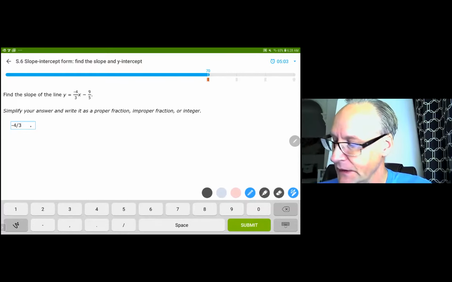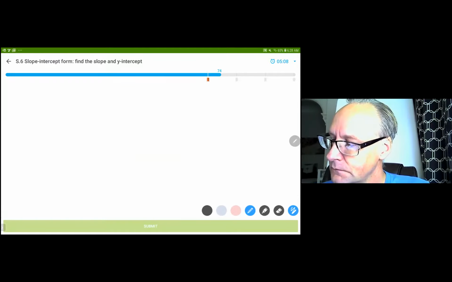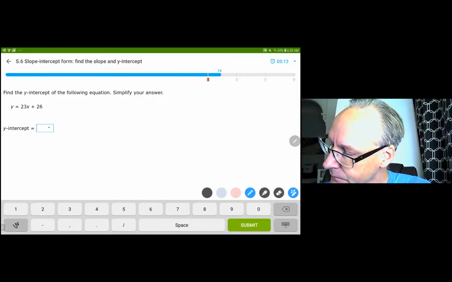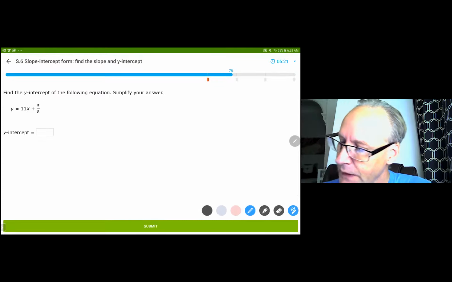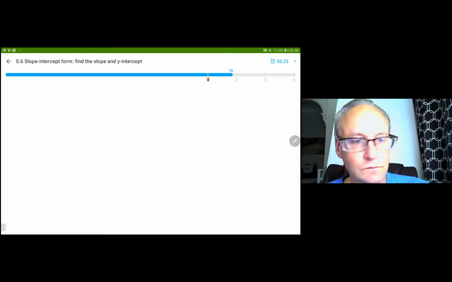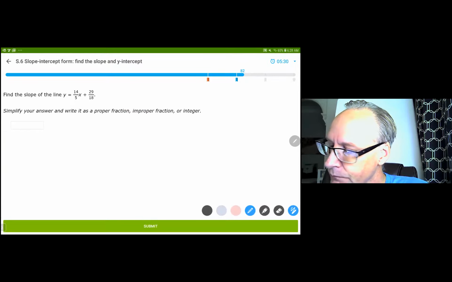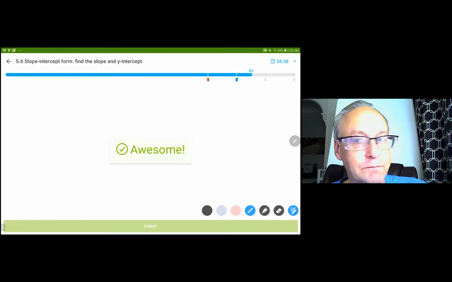It's not at that point, it is -4/3. The y-intercept is at 0.26. The y-intercept is at 0.58. The slope is 14/5. Almost 3. It's a very steep slope.